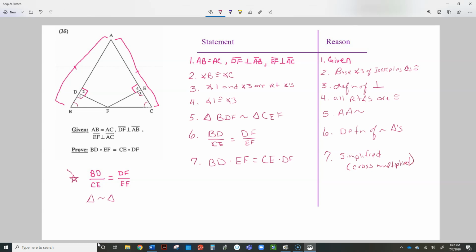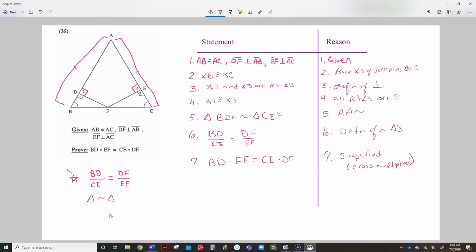It is not the multiplication property. The multiplication property, I would have multiplied the same thing to both sides, and I did not. I multiplied this side by EF, and I multiplied this side by CE. I guess I could have done it in steps. Multiplied both sides of this by CE, that would have canceled out. Well, I guess you could say multiplication property because I did. I just did 2 steps in one.